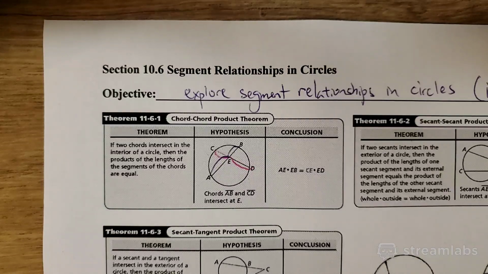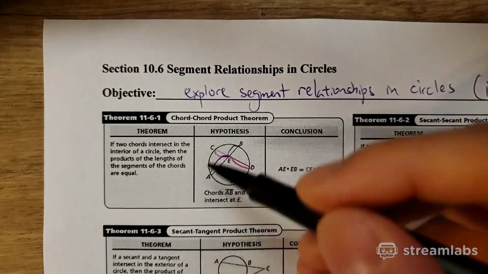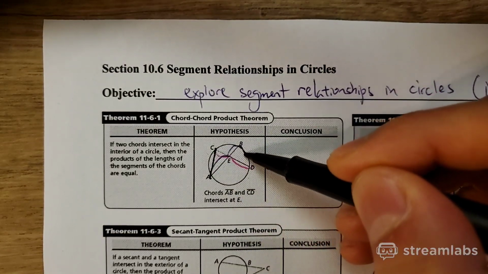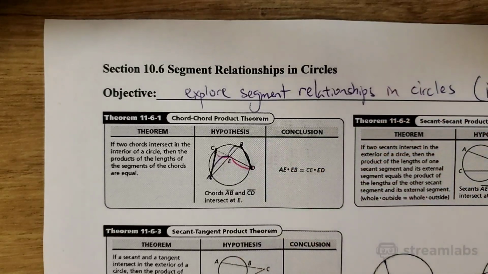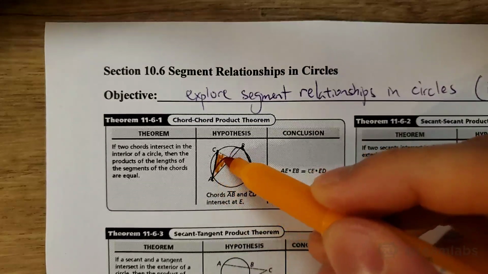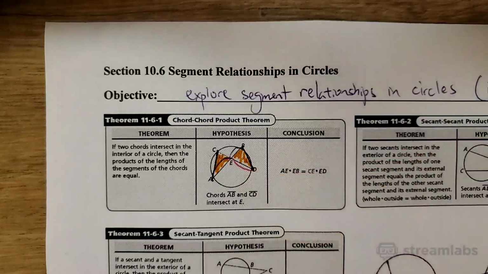So what we're going to do instead is connect two lines. I'm going to connect CA and BD. Can you tell me how these two triangles are related?